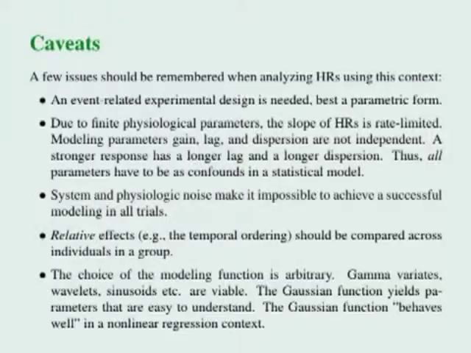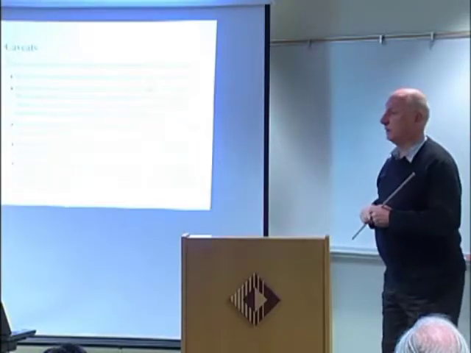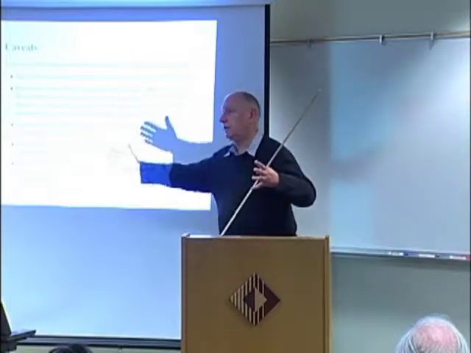You should be aware that all these physiological parameters underlying the hemodynamic response are finite. So the slope of the hemodynamic response and also the downslope is rate limited. This is why the modeling parameters gain, lag, and dispersion are not independent of each other. If you have a higher response, that needs longer to develop, and a higher response will also take longer to decay.